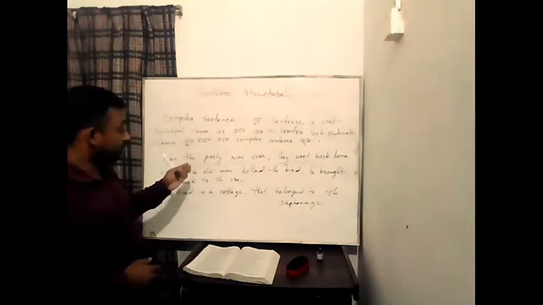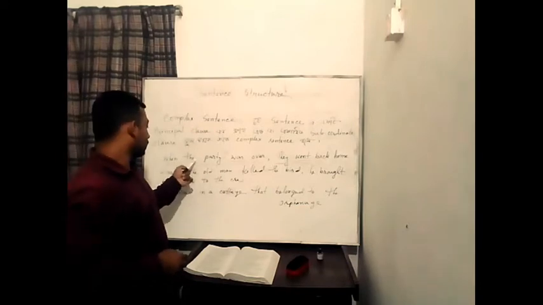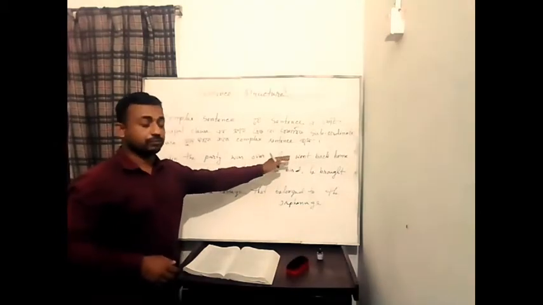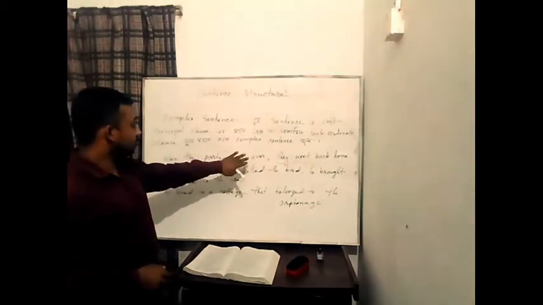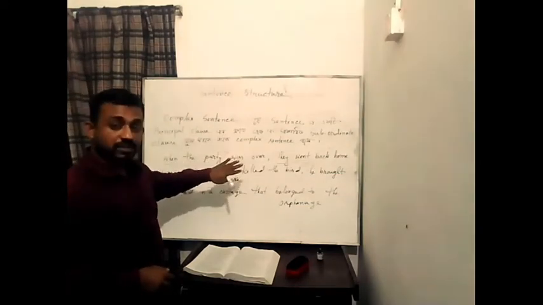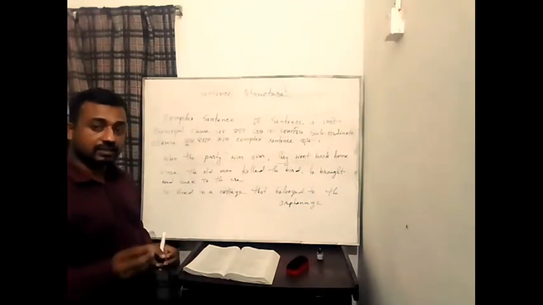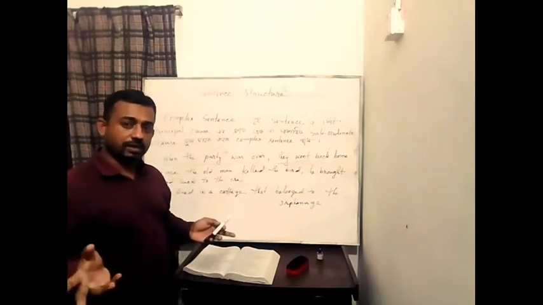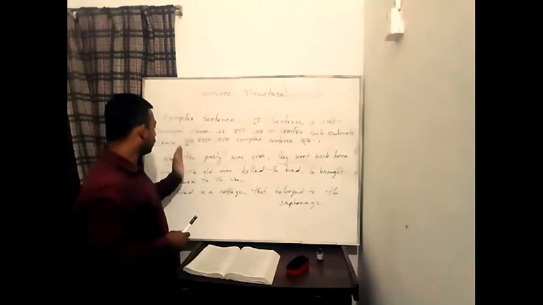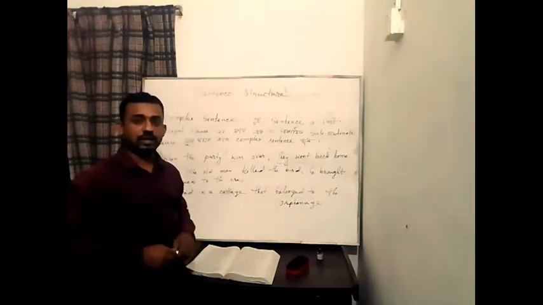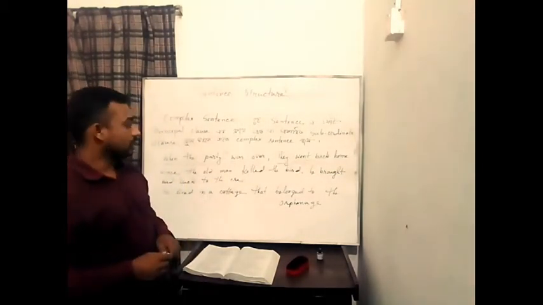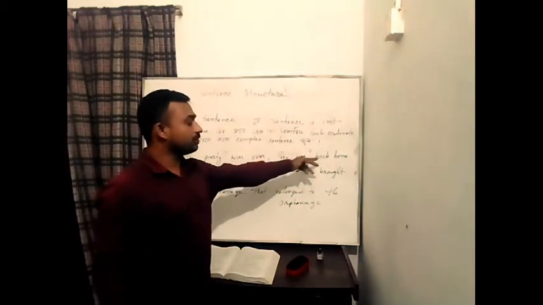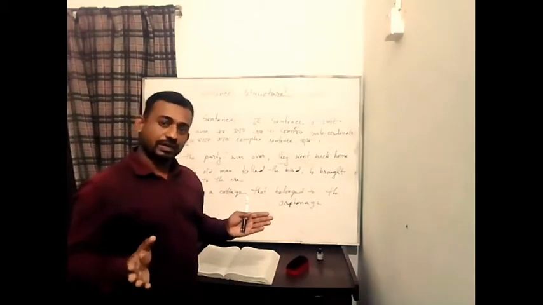If we separate these clauses and write them individually, then they change into simple sentences. If you only take the party was over, then it is a simple sentence. And another, they went back home, is also a simple sentence.